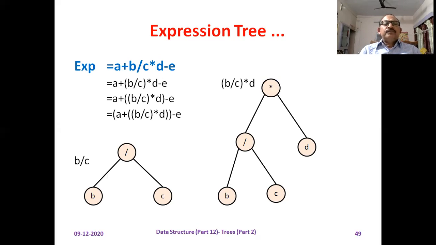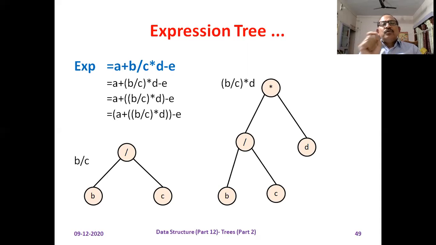Next, we have made the expression tree for b divided by c as a whole. Now take it as a single operand for the multiplication by d.